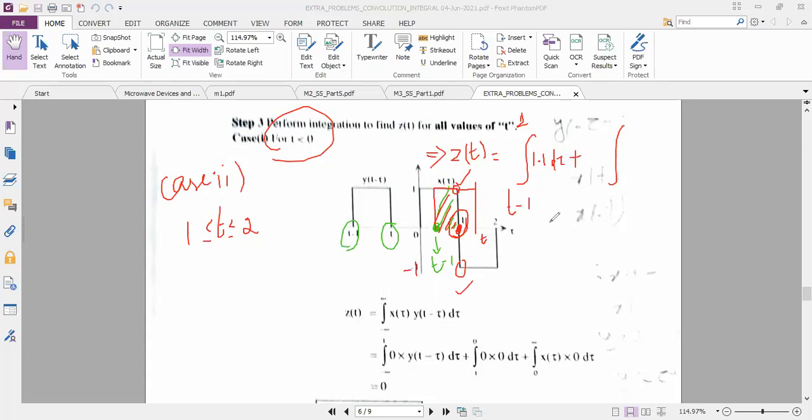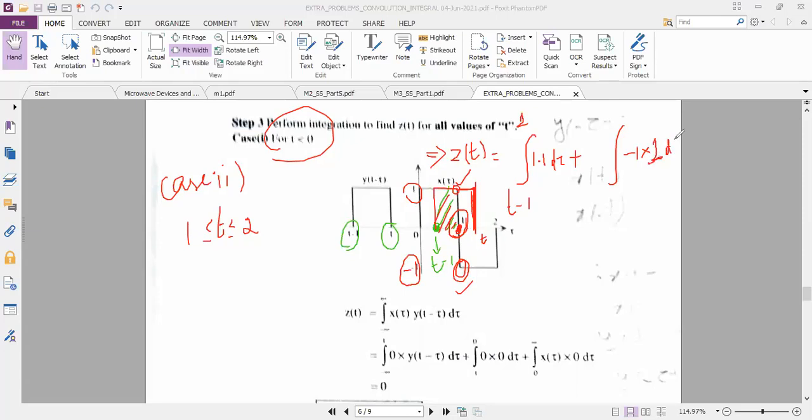Similarly, I said my 1 is taking minus 1 amplitude also. So at this portion the amplitude is minus 1, but my y of t minus tau has the amplitude 1 only. For x of t plus 1 as well as x of t minus 1, y of t minus 1 is 1 only.